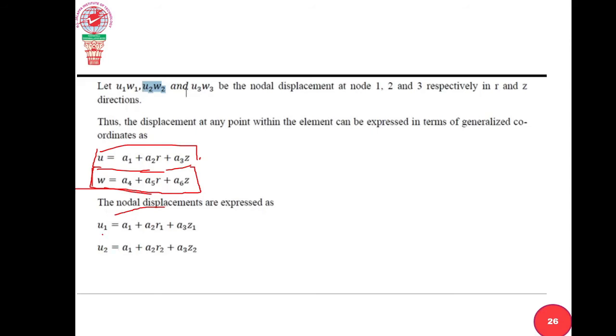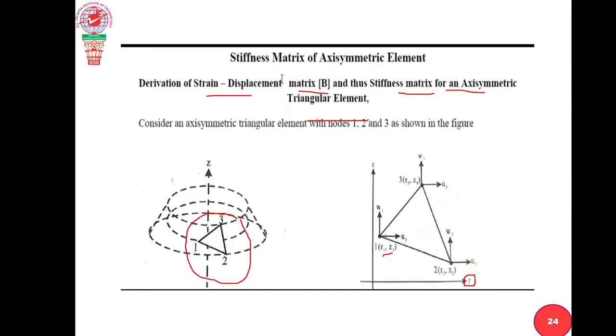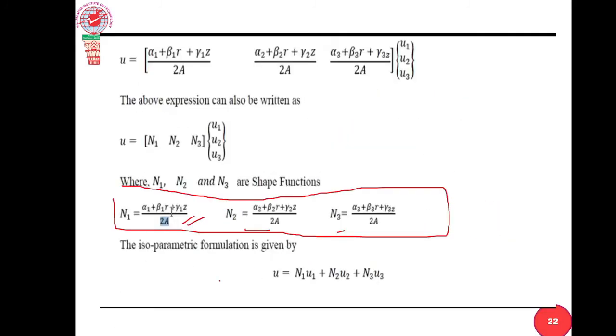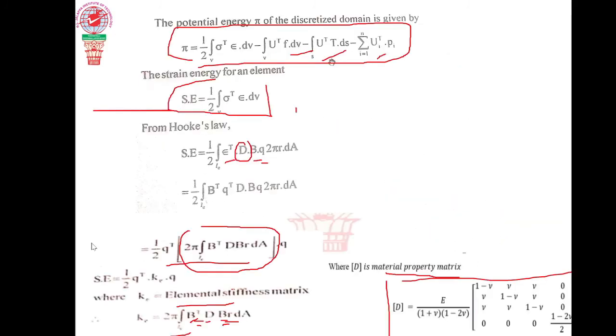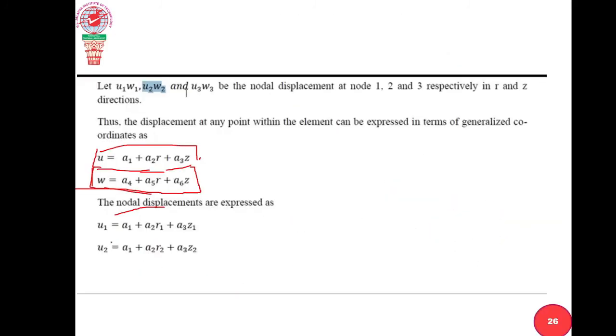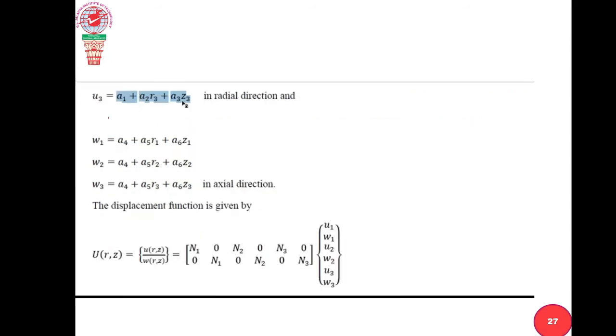Now we are going to find the nodal displacement function with respect to axial and radial. First, we'll take radial. That is, with respect to this figure, U1, U2, U3. Similarly, W1, W2, W3. As usual, how we did for the previous derivation, in the same way you can write U1, U2, here R1, Z1, R2, Z2. Similarly, U3, R3, Z3 will come. Similarly, the nodal displacement along the axial direction is as usual.